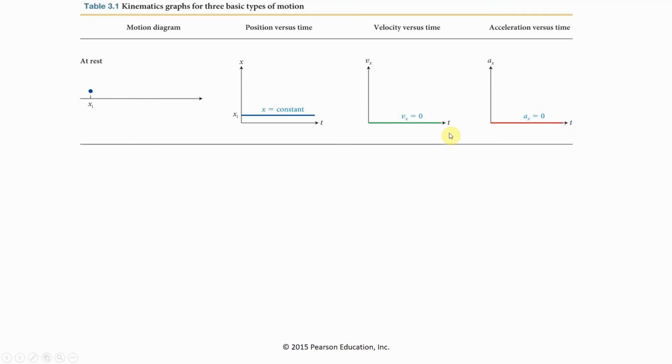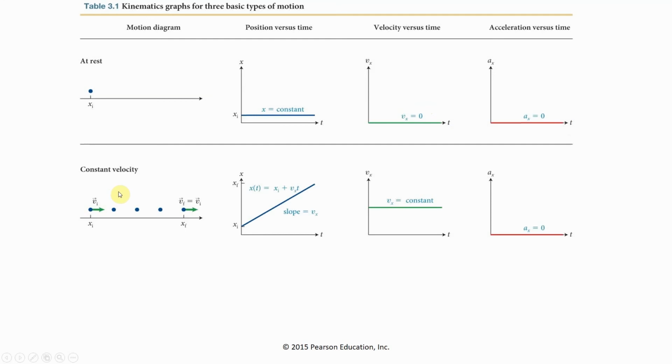So now let's throw in a constant velocity. I've got an object that's moving to the right, let's say at 1 meter per second, and it's always moving at 1 meter per second. So when I look at my graph of position versus time, for every second that goes by, I'm moving 1 extra meter. And that moving an extra meter is really giving me a slope to this line that's not 0.